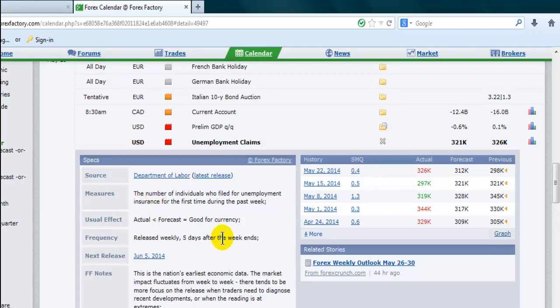So for this economy news, the unemployment claim, if the actual figure is strictly inferior to the forecast, it's good for the currencies and good for the economy. If the number of people claiming unemployment allowance is going down, it's good for the economy, which means they are recruiting more people.